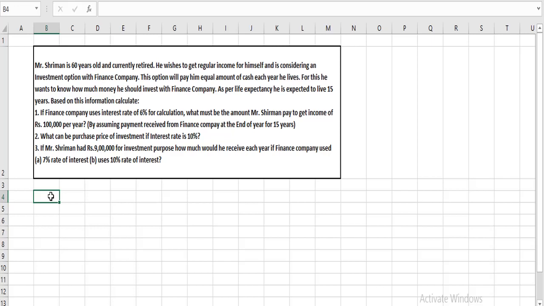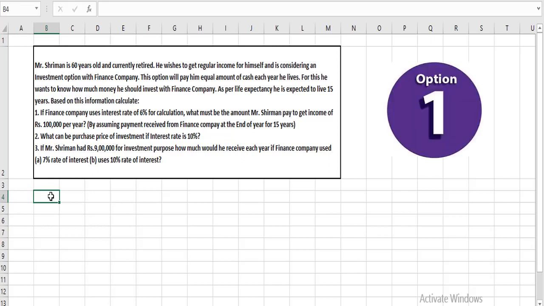So rather than considering perpetual annuity, we consider the life of Mr. Shriman as 15 more years. So whatever calculation we are going to do, we will do it assuming that he is going to live for 15 years. Based on this information, we have three different investment options, and we need to advise him which investment option is better.